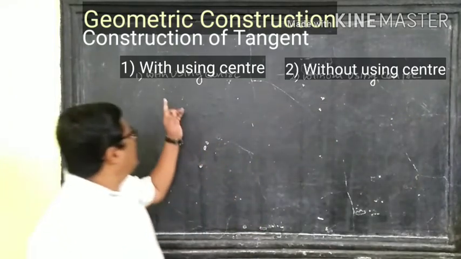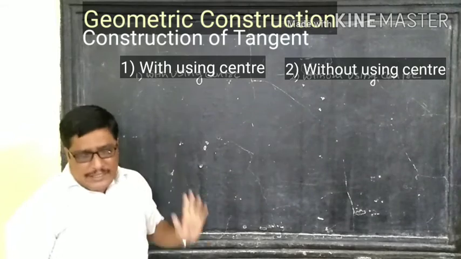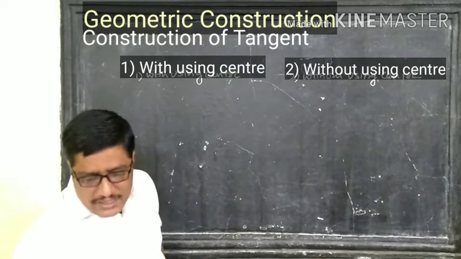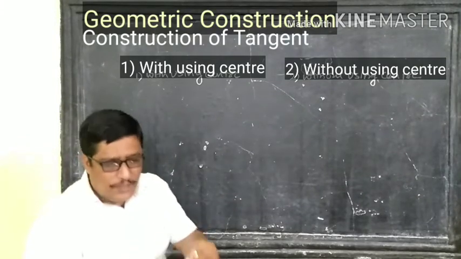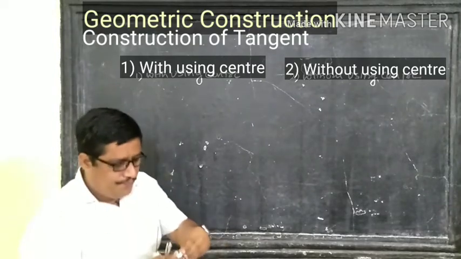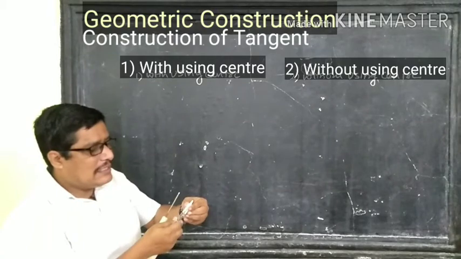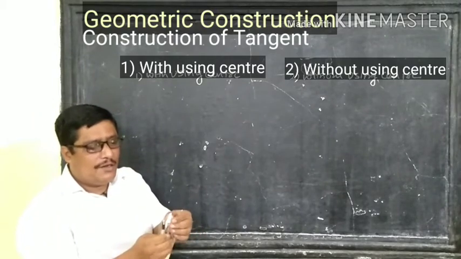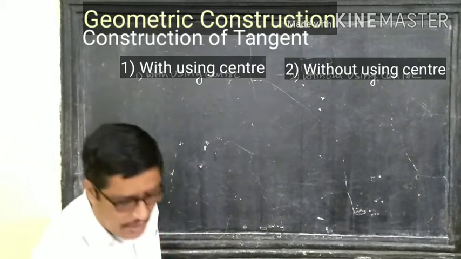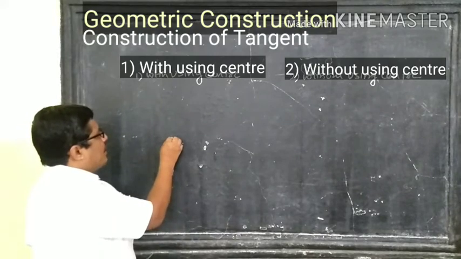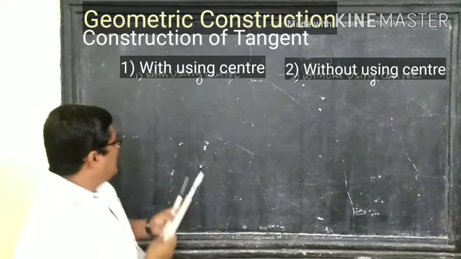So first is using the center. That means in that case we have to use the center of the circle. The examples vary with the radius. So here we are going to take one example.